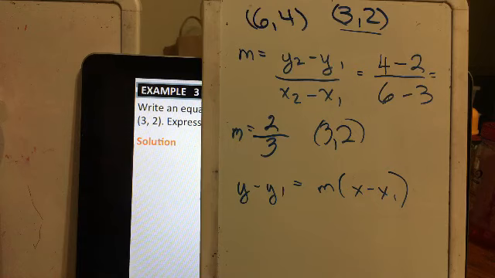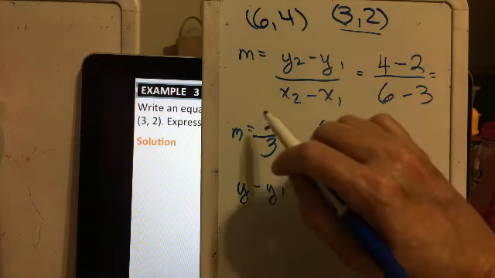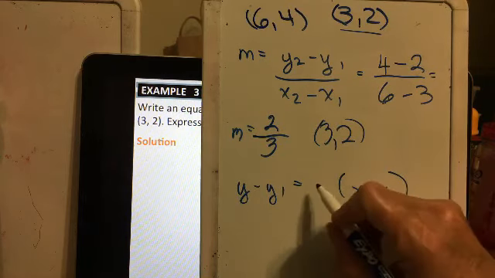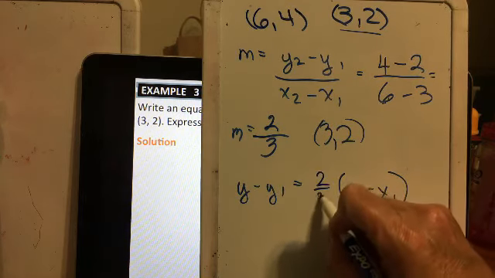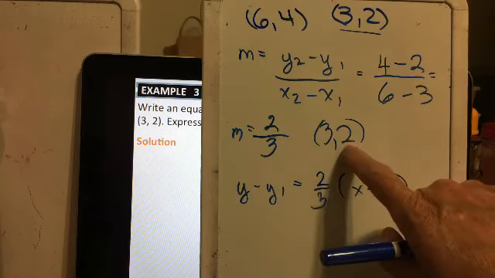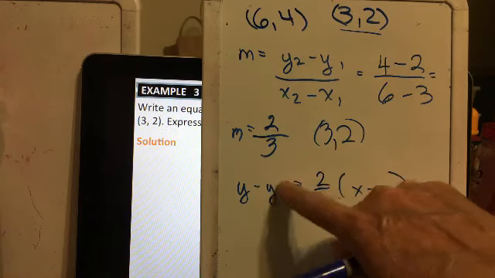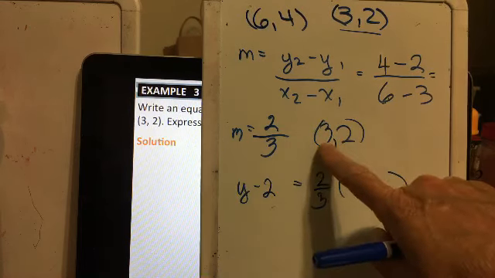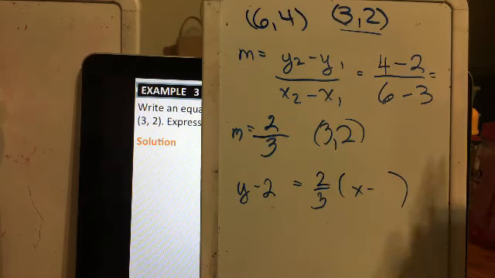Now remember, you can't use your study sheet on a test, but you certainly could use your study sheet on a quiz. Okay, so now we're going to slide these in. Slope is 2/3. So here's my slope being replaced with 2/3. My y value is 2. And my x value is 3.